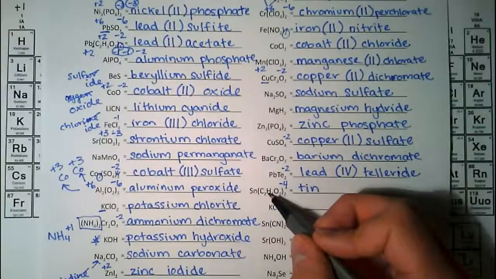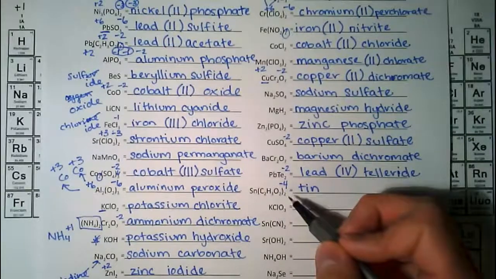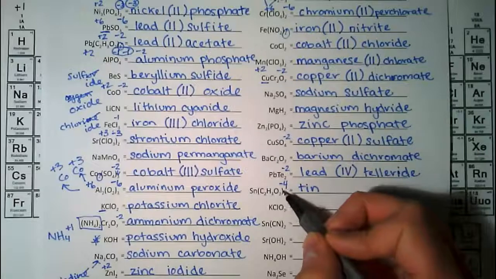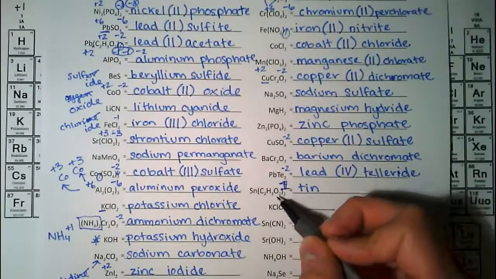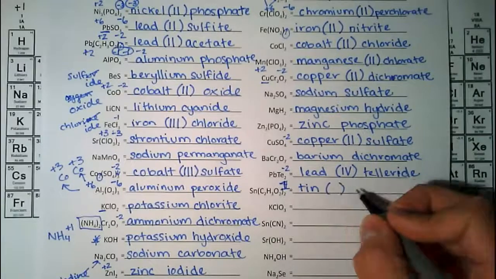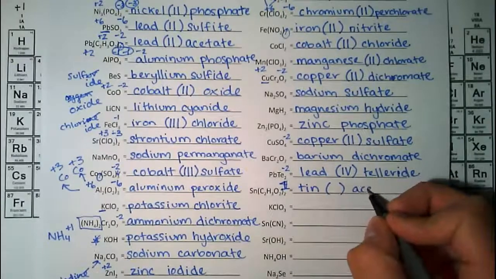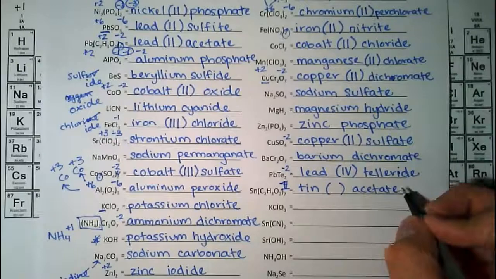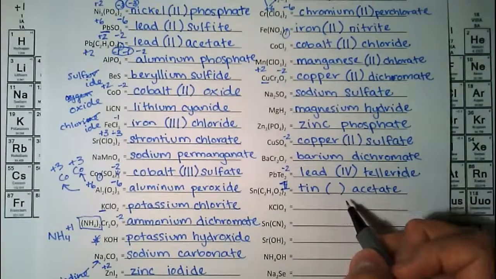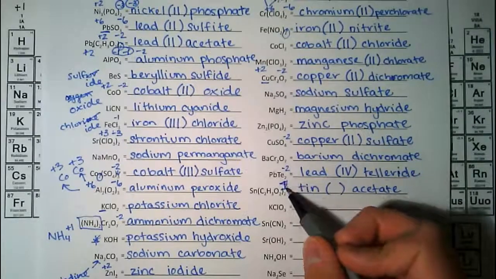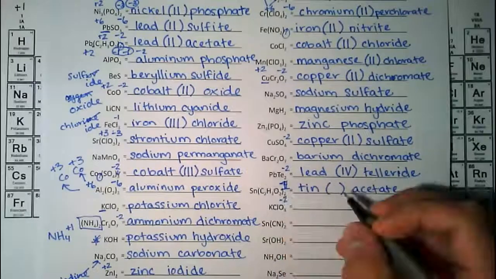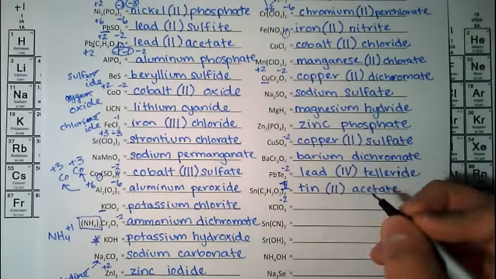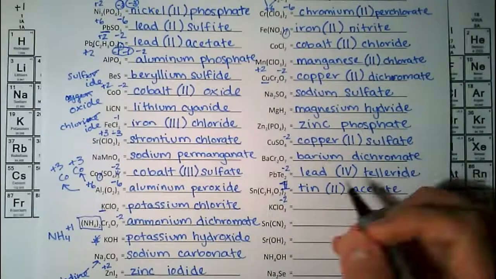So C2H3O2, that is the acetate ion. And there's 2 of those, each one with a -1 charge. So put our parentheses, acetate. And now we know that since there's -1 times 2, we have a total -2 charge, so tin has to have a +2 charge to balance that out.